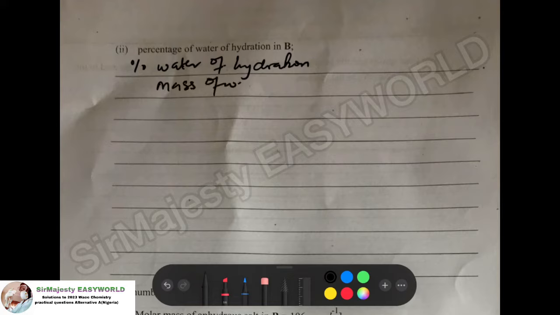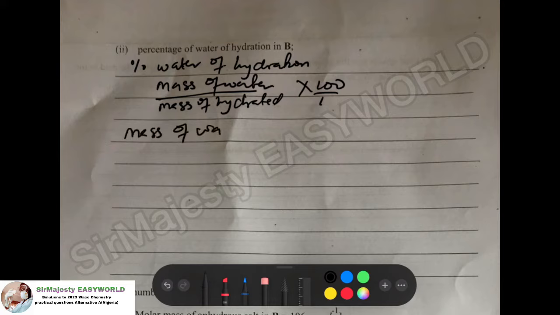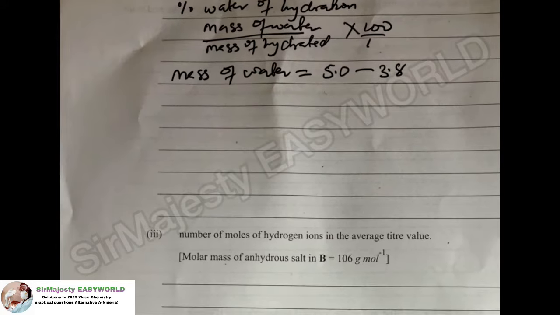Mass of water over mass of hydrated sample or salt times 100/1. Therefore, the mass of water, how do we get it? Mass of water here is equal to 5.0, which is the mass of hydrated salt, minus 3.18, if I'm correct. Let's check the last one we just did. Okay, 3.18, I'm correct.